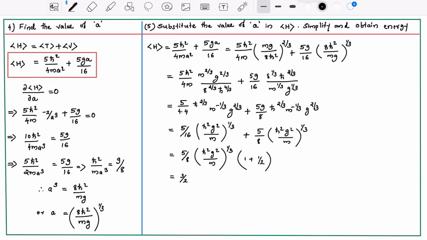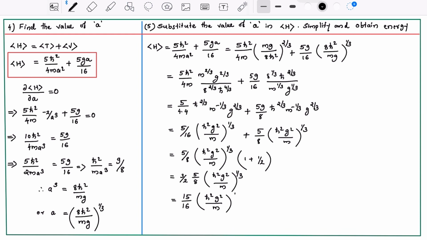Now we can write it as 3/2 times 5/8 (ħ²g²/m) raised to 1/3. That is equal to 15/16 (ħ²g²/m) all raised to 1/3.